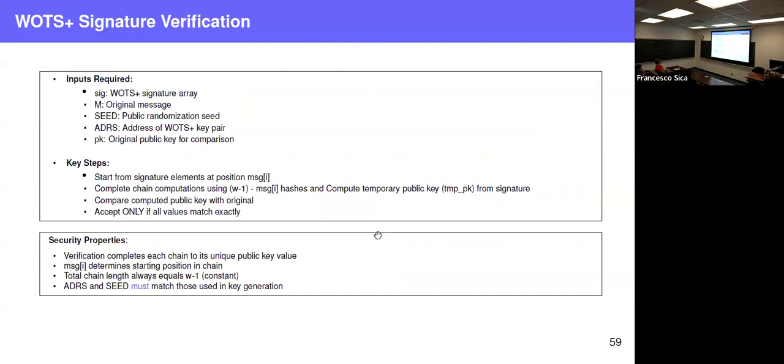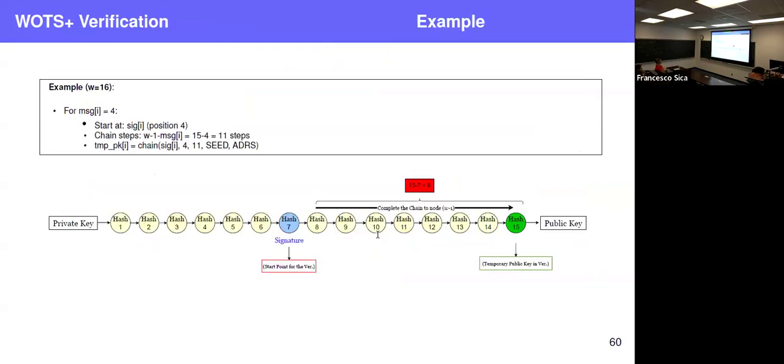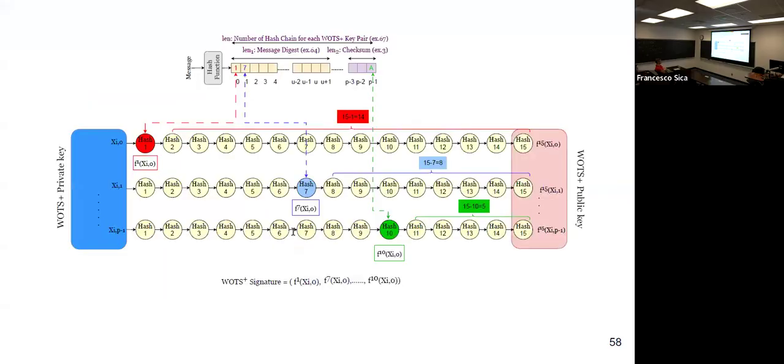For the verification process, we said that we will continue the rest of the hash functions to get the temporary public key. It means that in the signing, we start from 0 and proceed until the stop value, which is determined here.